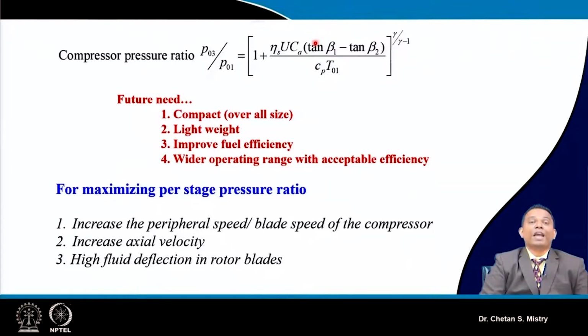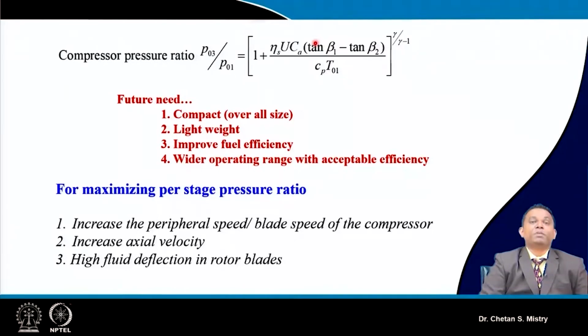We are looking for engines that have fuel economy. When we reduce the size and weight of the engine, we basically reduce the drag. The drag of the engine reduces overall, and that helps us improve our fuel economy.